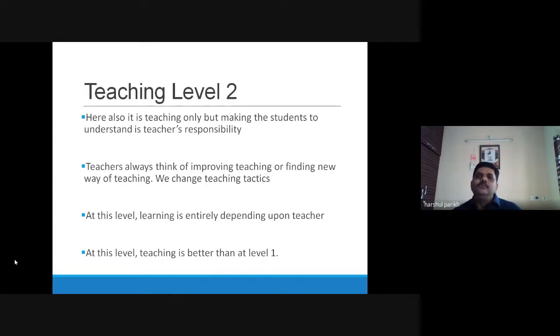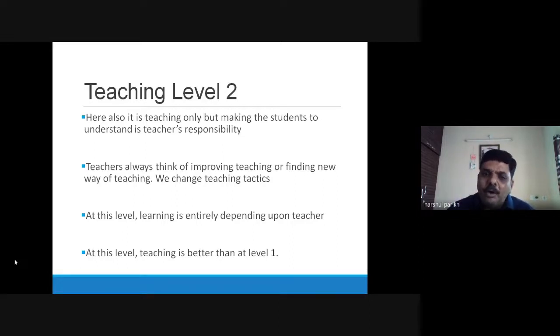What is level 2? Level 2 is teaching only, but making the students understand is the teacher's responsibility. Means teachers think about whether the students have understood or not. Teachers improve their teaching, find new ways of teaching, change the teaching tactics to make teaching more efficient.